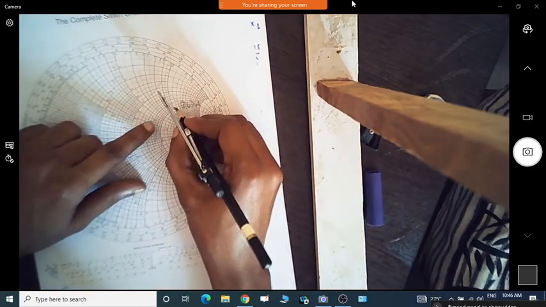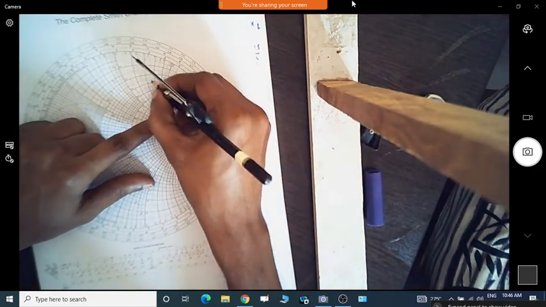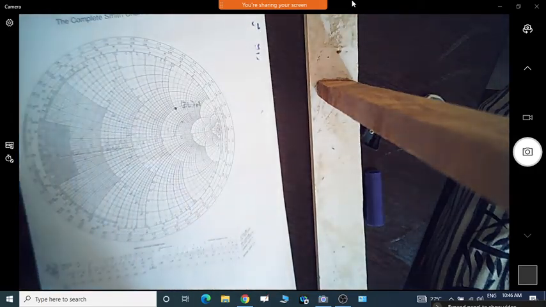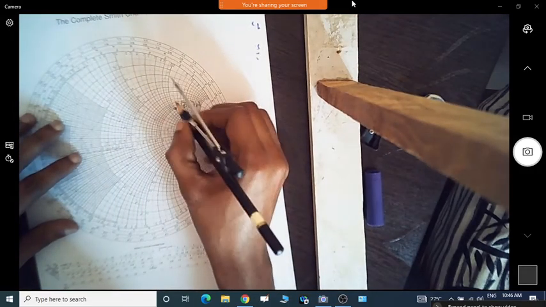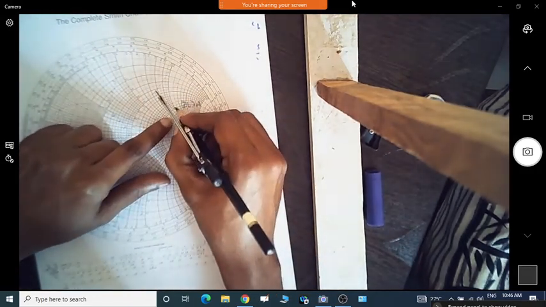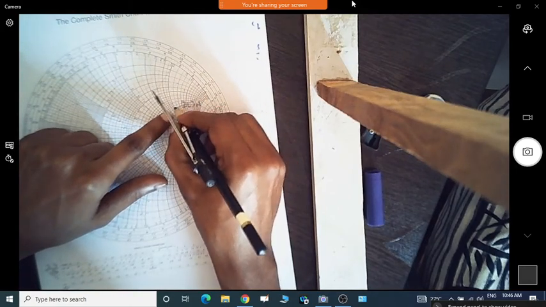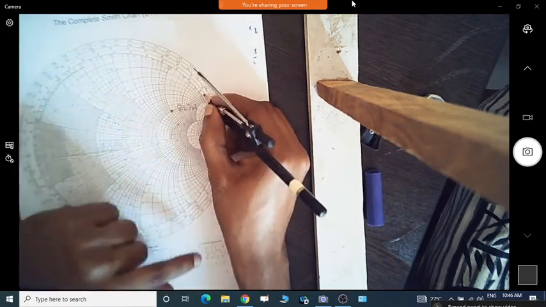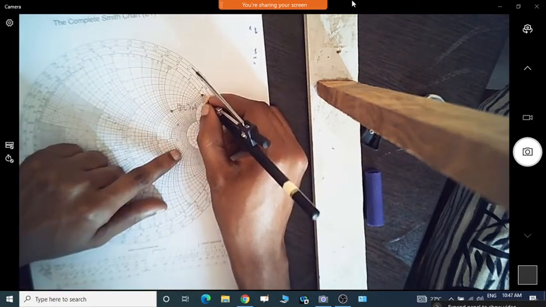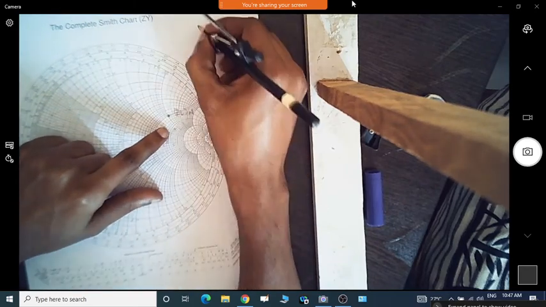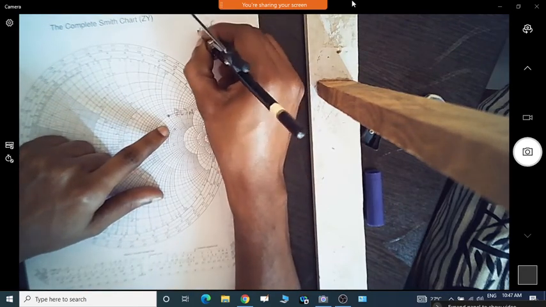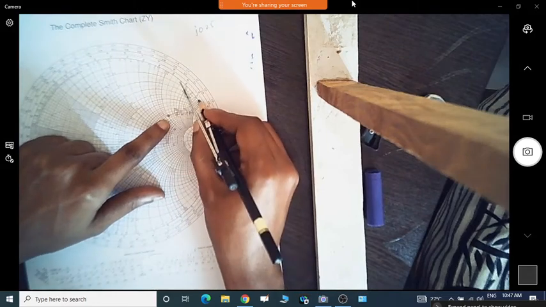Now see here, there is a conductance circle which is moved, shown in the dotted one. If you observe in the Smith chart, it will be the dotted one. The susceptance offered at this point is around 0.2 something, so let us take 0.25. So the susceptance value is 0.25.